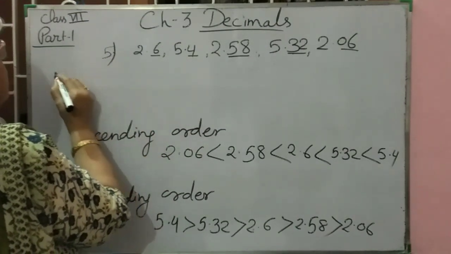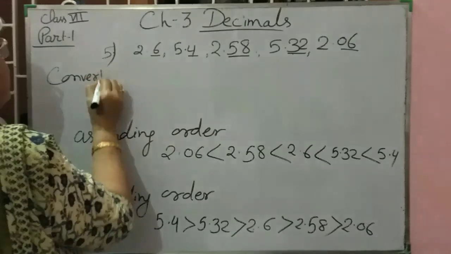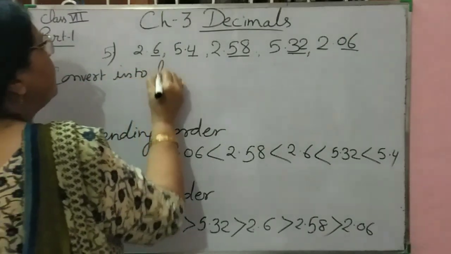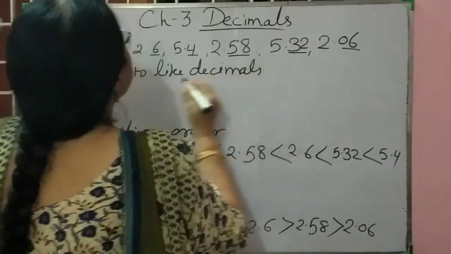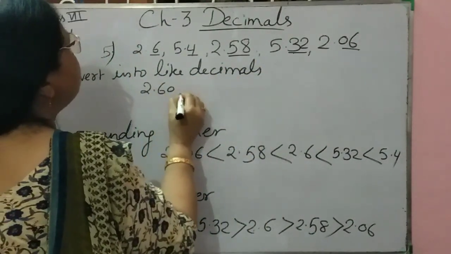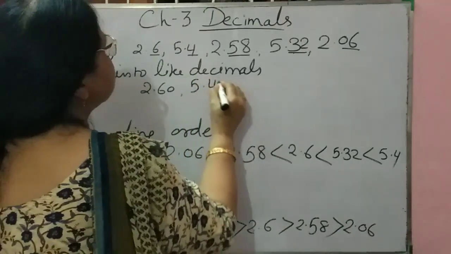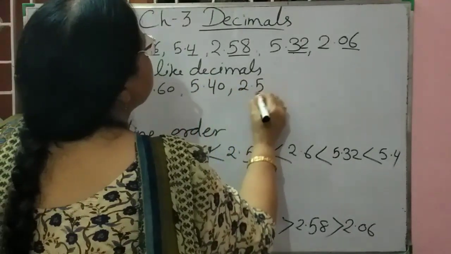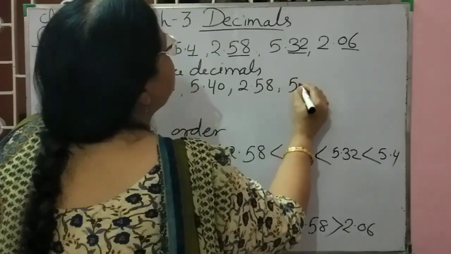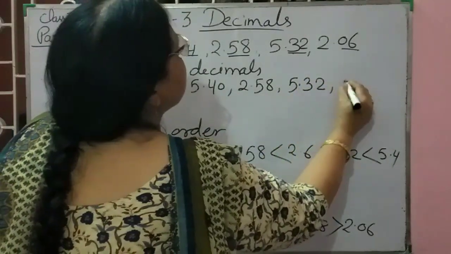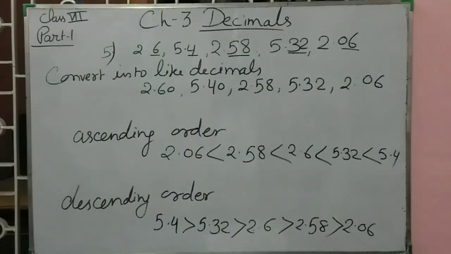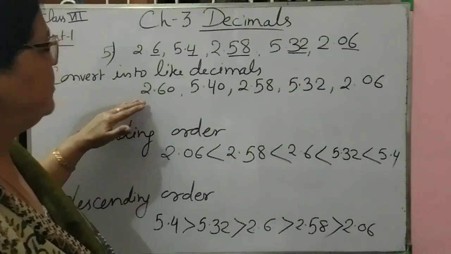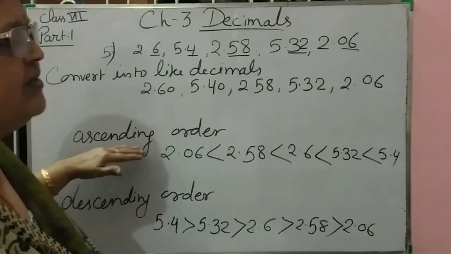So convert into like decimals. 2.60, 5.40, 2.58, 5.32, 2.06. After that, method is same.